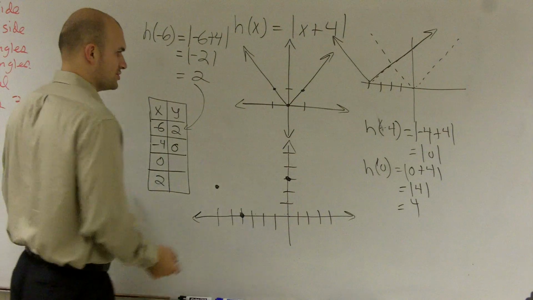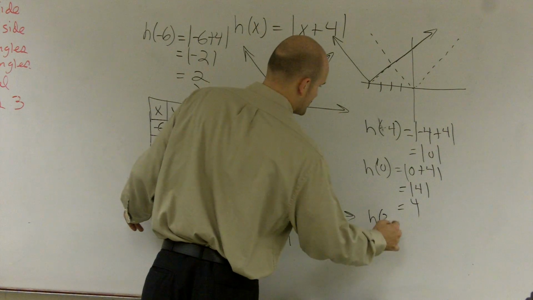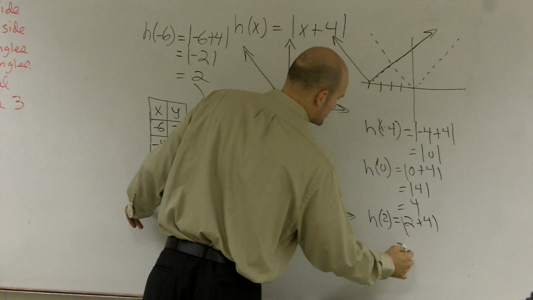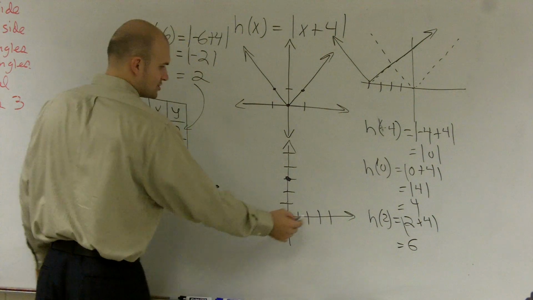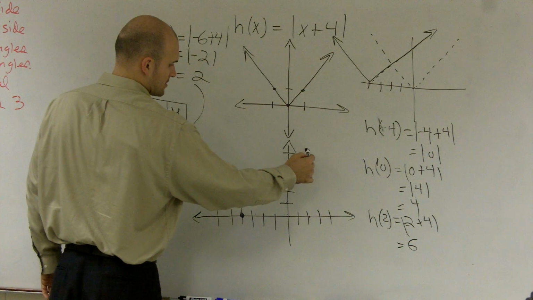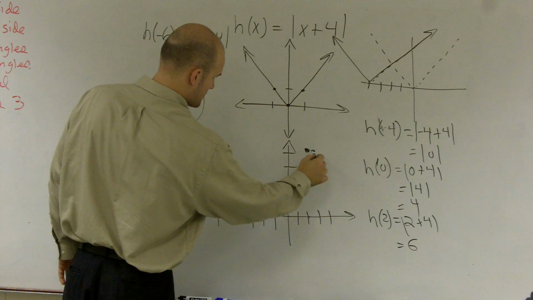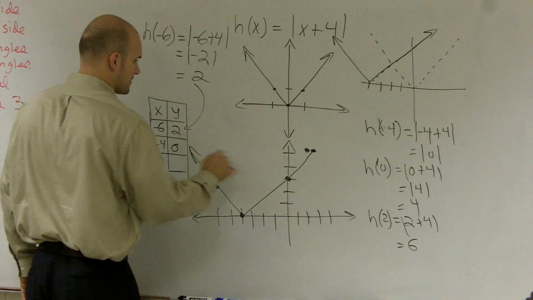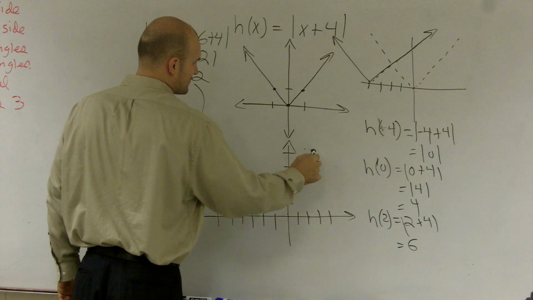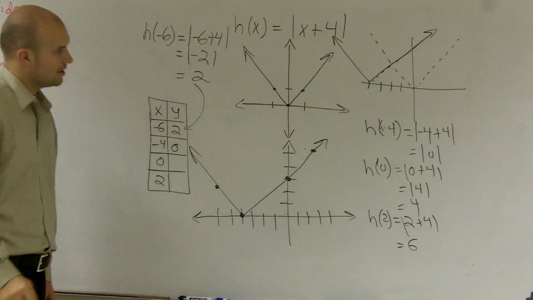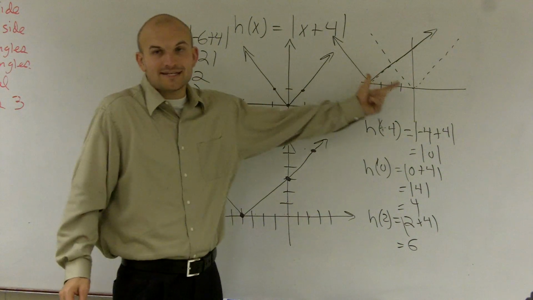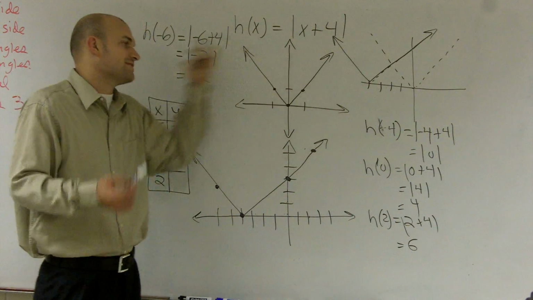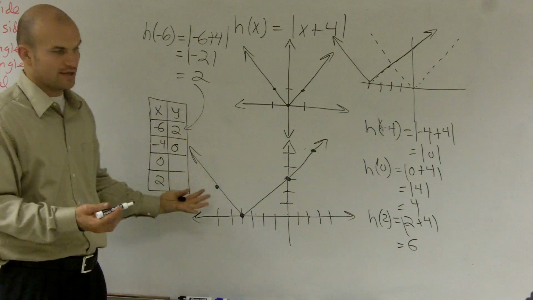And then I go to 2. h of 2 is the absolute value of 2 plus 4, which equals 6. So at 2, I go up 6. I know my graph's a little rough, but you can see it's the exact same thing. I had to shift it left 4, so that's why when you have the x plus 4, that tells you to shift it left 4, and I proved it by plugging in points.